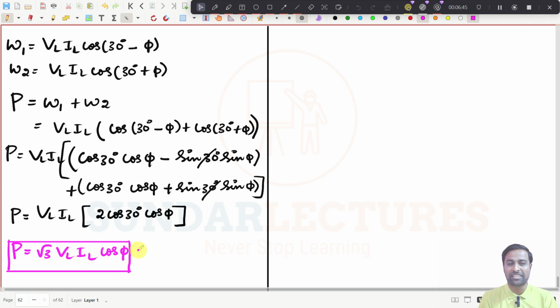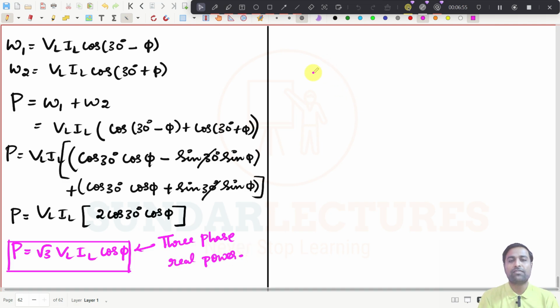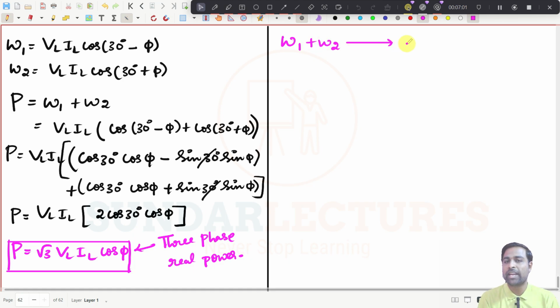What is this one? This is nothing but the 3-phase real power formula. So if you add W1 plus W2, you will get the real power, the total power P. Right? Can you understand?